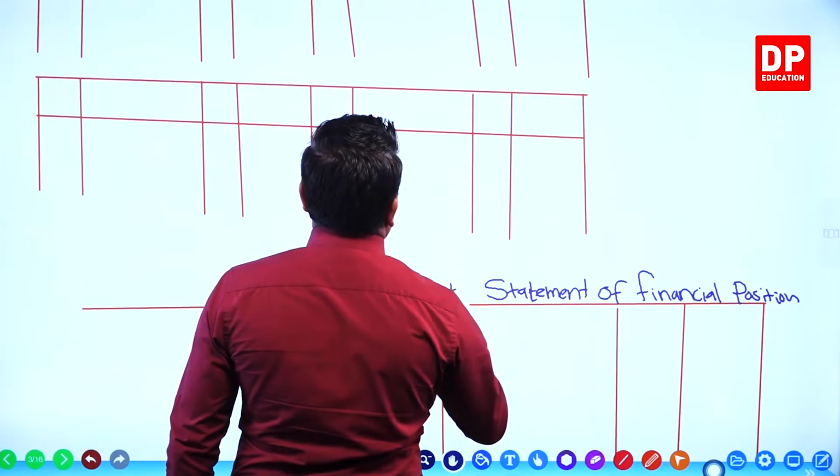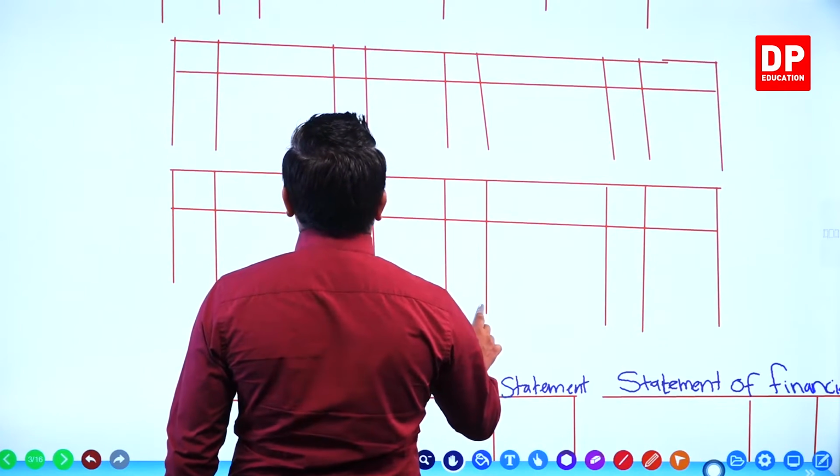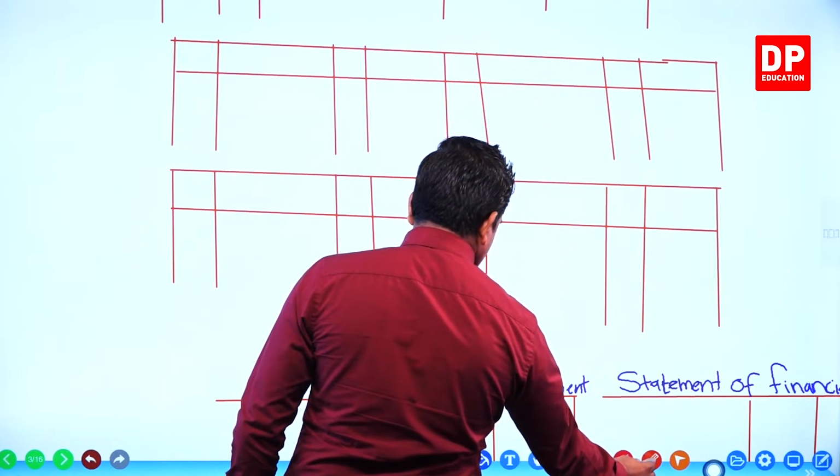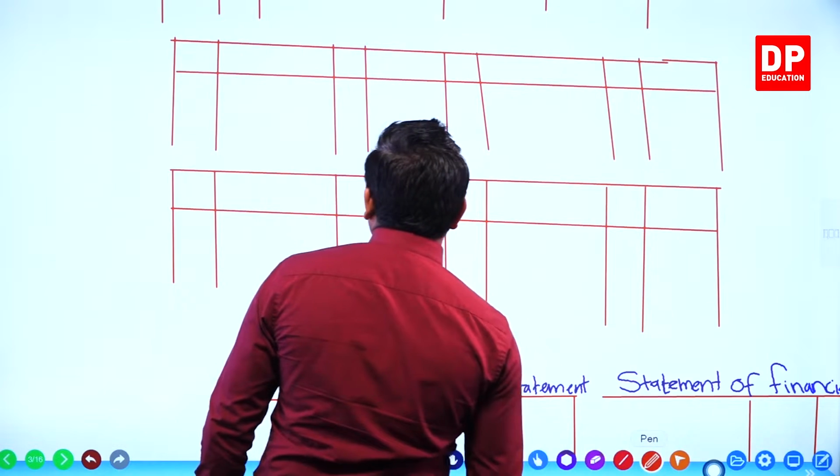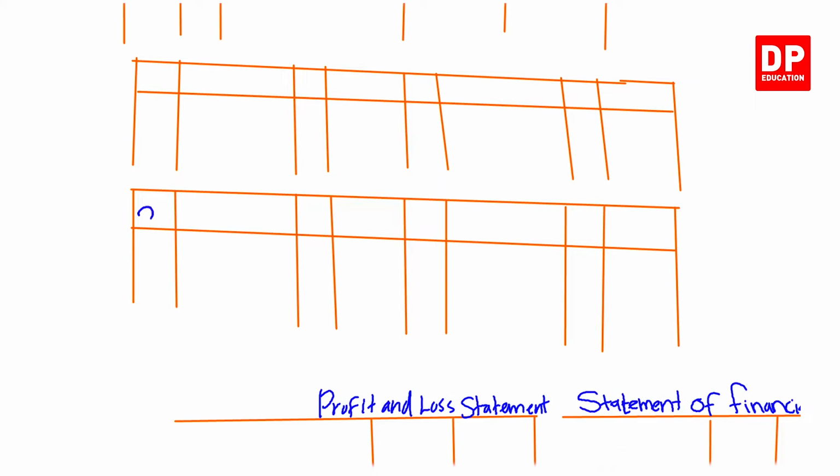Then here two ledger accounts. Date, description, ledger folio, cash. Date, description, ledger folio, cash.